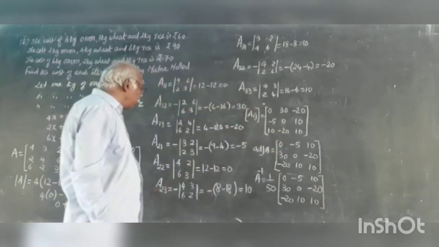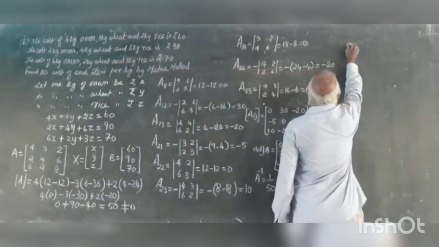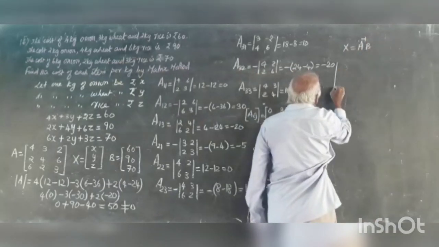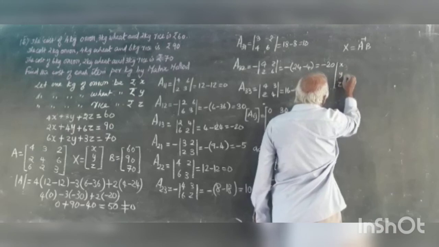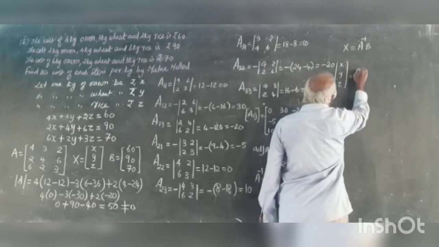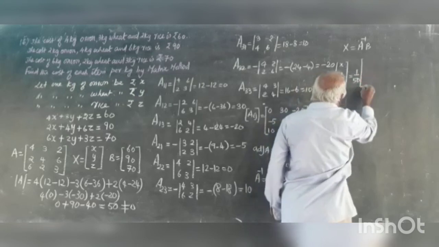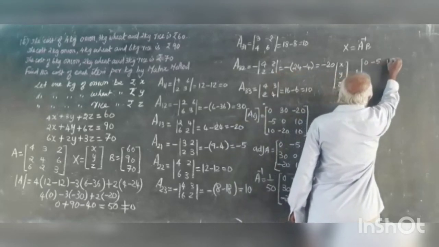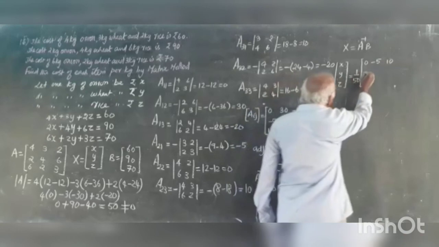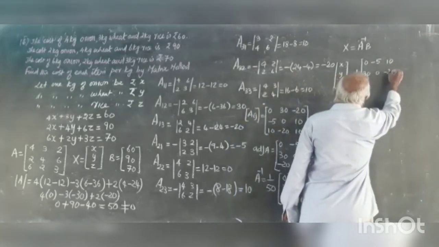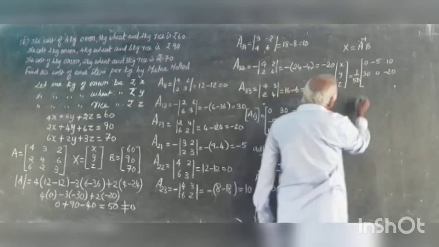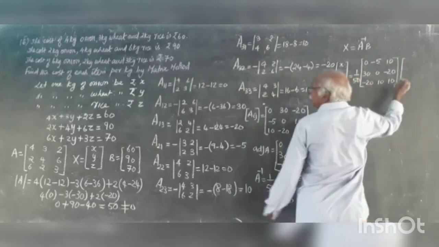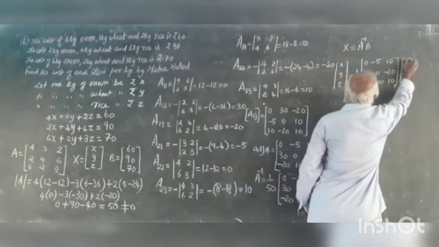Then the matrix equation: X is equal to A inverse into B. X, Y, Z is equal to 1 by 50 into that matrix, into the constant matrix 60, 90, 70.